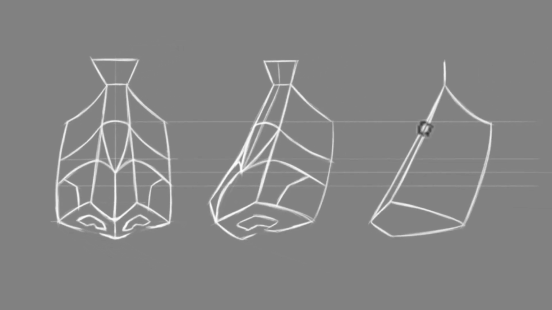From this angle, we won't be able to see much of the front plane, and the line going down the side of the nose will look more straight than curved. We'll only see a little bit of the front of the lateral cartilage peeking through. Next, I'll curve the tip of the nose to show its rounded form. And then we'll draw in the top edge of the greater alar cartilage.